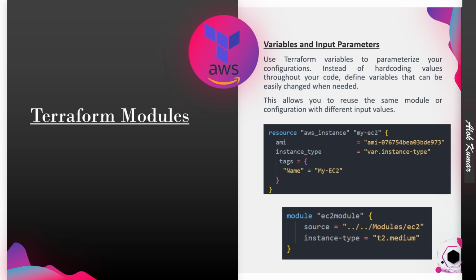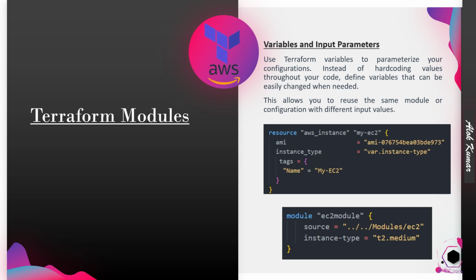There we are using the variable instance type, and here we defined the variable to be T2 micro, but we allow the users who utilize the module, suppose a developer, to override the instance type. They want T2 medium, so in this case, this is allowed.